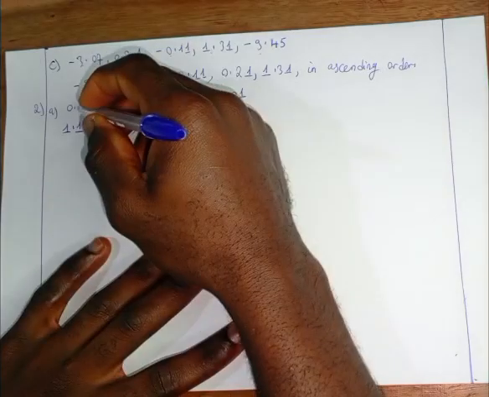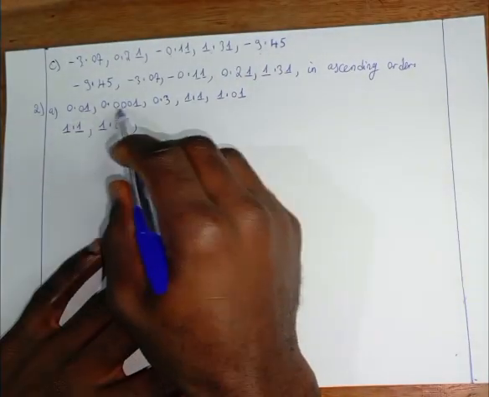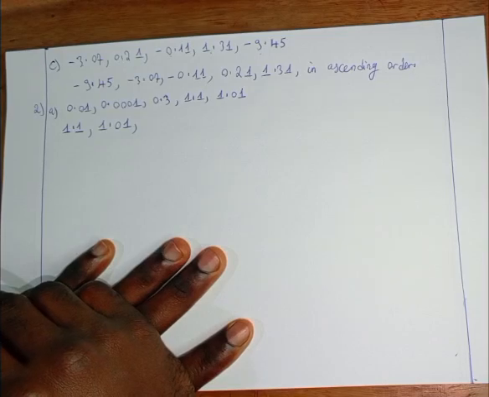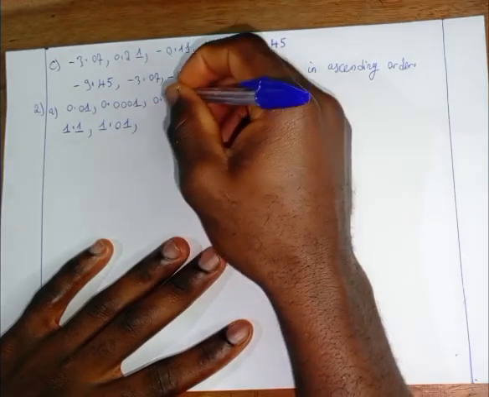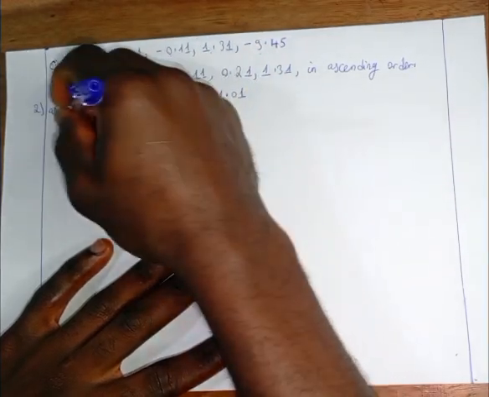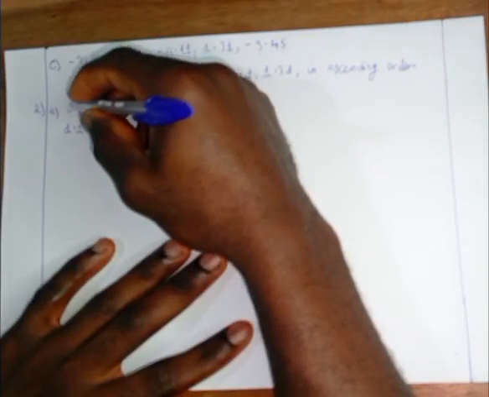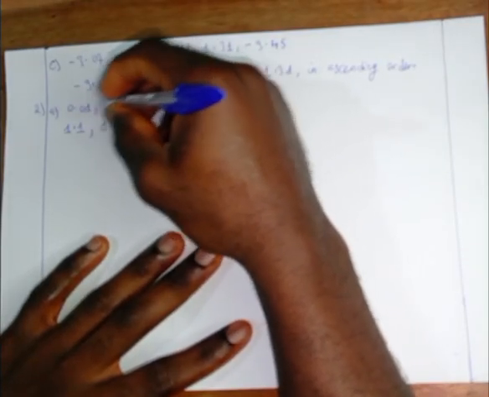Next, we go here to compare these three. Their whole number part 0, 0, 0. We move now to the first digits after the decimal point. Here we have 0, 0, 3. 0.3 is the next. Now we are left with these two. Here we have 0 after the decimal point, 0 after the decimal point. We move now to the second one, 0.